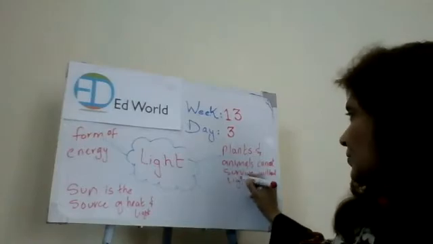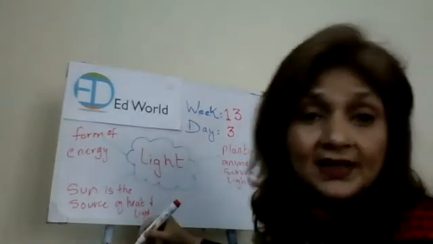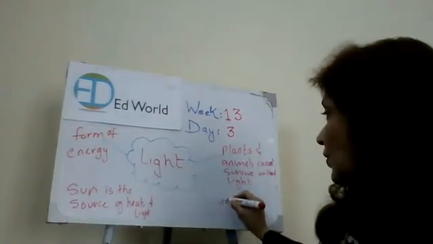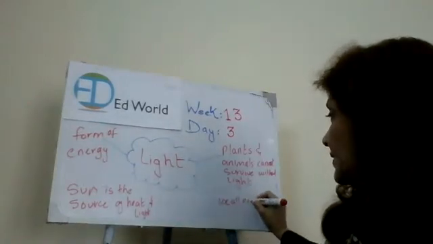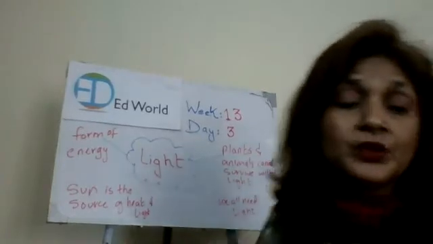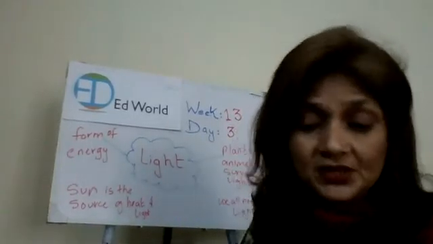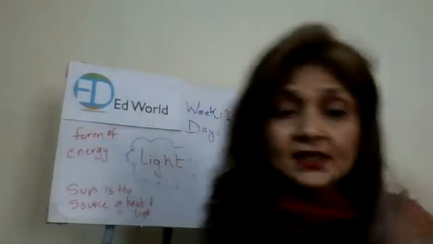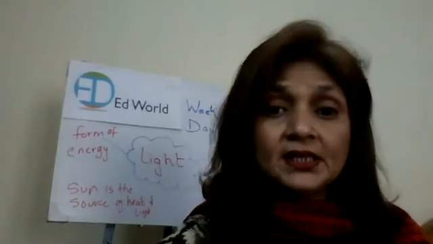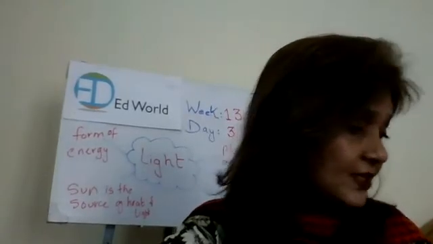So they need light to survive. We all need light. Yes or no? We all need light to survive because light is the source of energy. It gives us heat and energy, right?